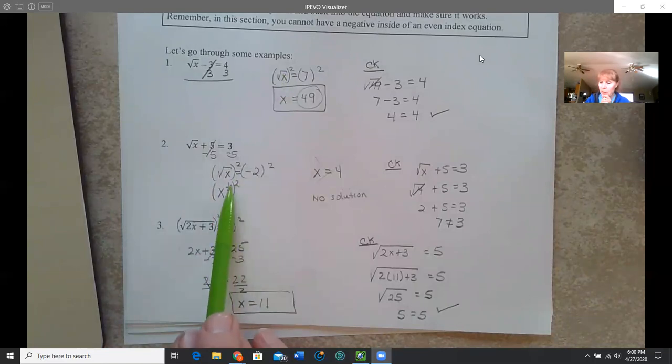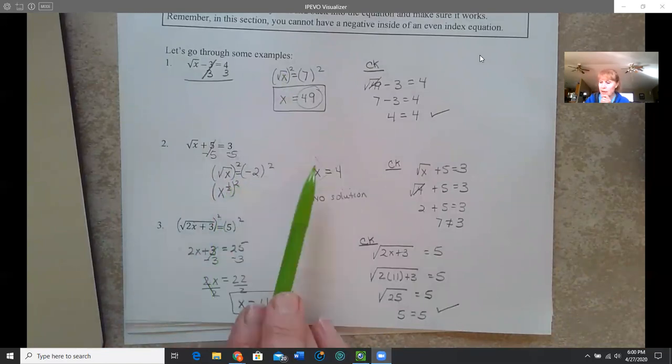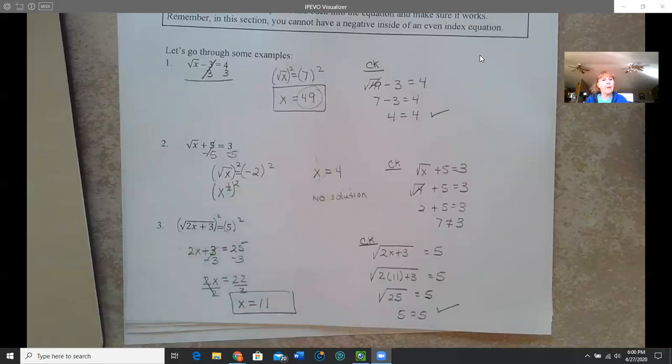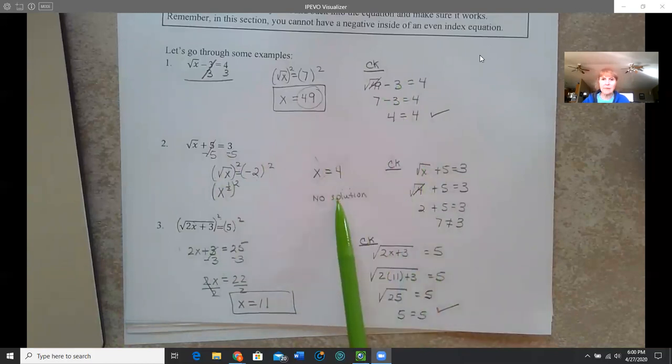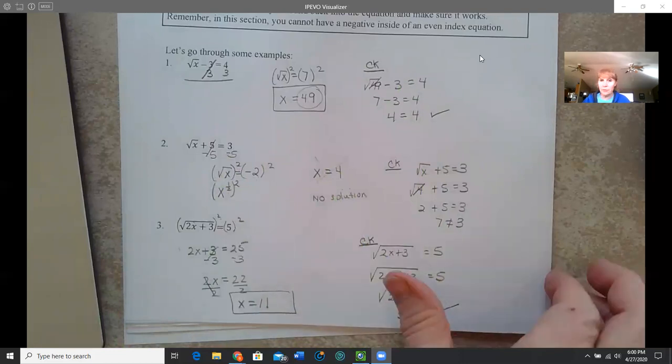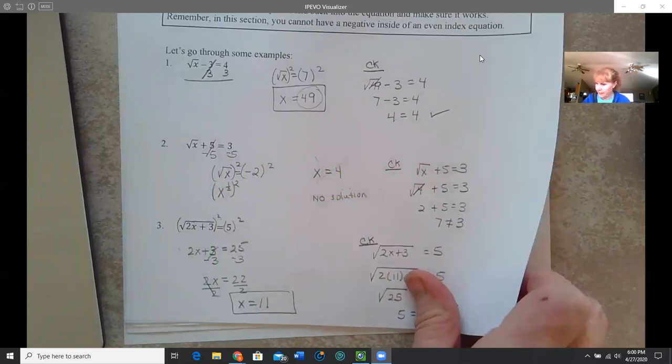If you square it, 1/2 times 2 is a 1. So you end up with a power of 1. And then once you have your solution, you need to make sure that you check, because sometimes your solution is correct, sometimes it's not. So again, it's really important that you check with these. Okay. All right.